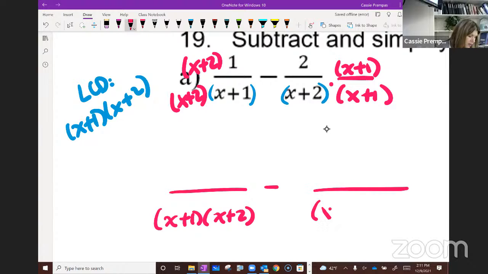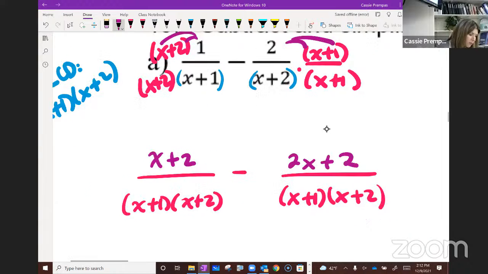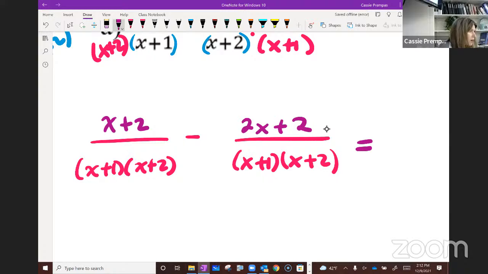Okay, now I have that common denominator, x plus 1 times x plus 2, and the next one is x plus 1 times x plus 2. So I'm going to start combining the numerators, but I need to make sure I'm careful with that distributive property. I'd have to distribute this 1 to get x plus 2 back. If I'm subtracting, I'll have to distribute this 2, which will create 2x plus 2. Now I can combine the numerators, but here's the tricky part. What is secretly around 2x plus 2? There's nothing shown.